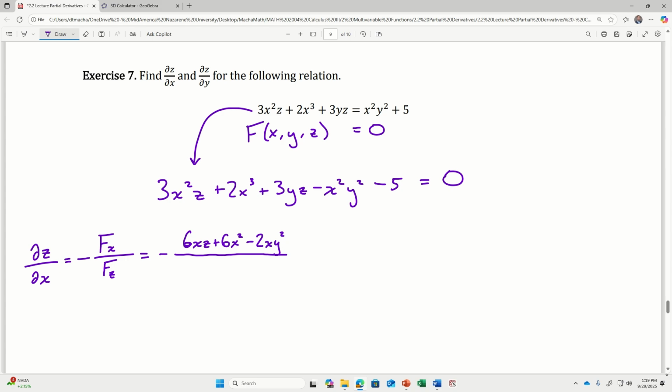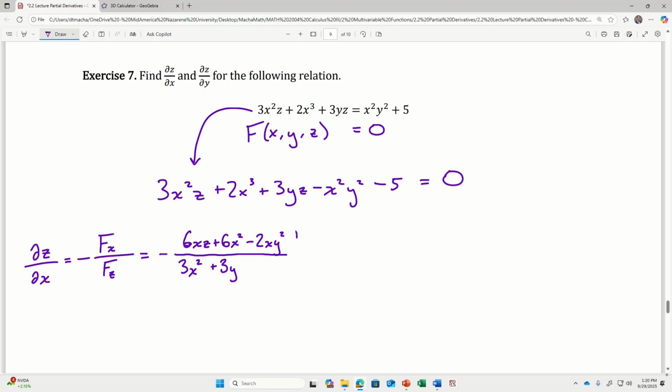Okay, and then what is the partial of F with respect to z? That's it.